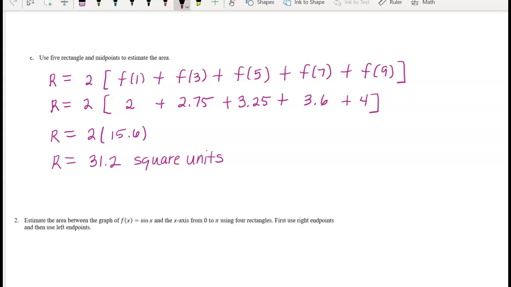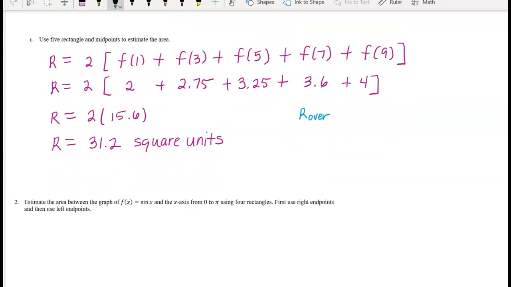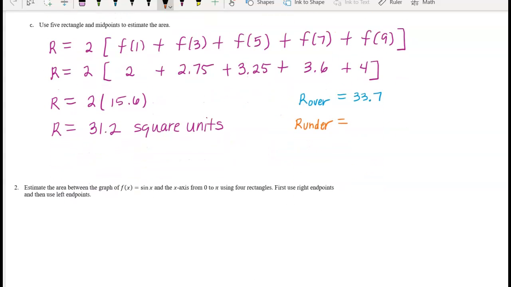Now, the overestimate that we had was 33.7. The underestimate that we had was 25.3. And so looking at this, it kind of makes sense, this answer that we're getting with using the midpoints, because it's in between the two and it's maybe splitting the difference. So that's a better process to use the midpoints.